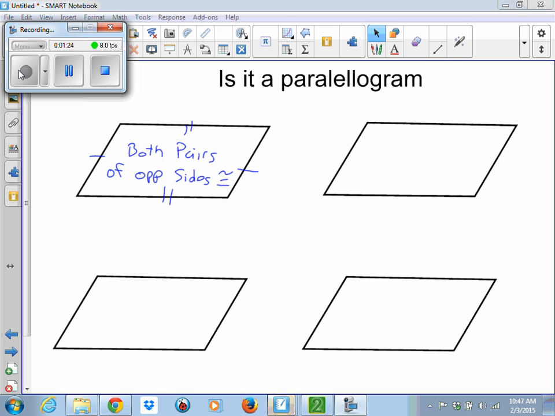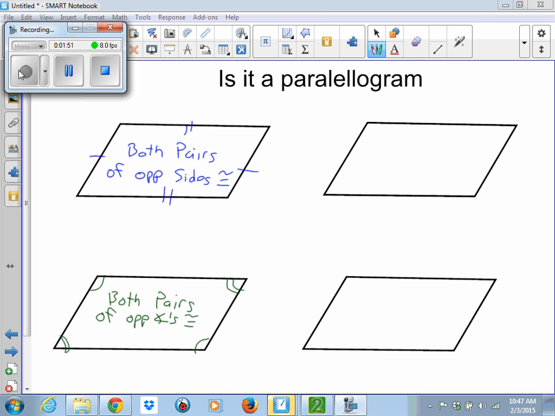All right, the second way that we're going to learn is kind of the same way, but it's the angles. Okay, so if this angle is congruent to this angle, and that angle is congruent to that angle, then it is a parallelogram. So it's very similar. Both pairs of opposite angles are congruent.